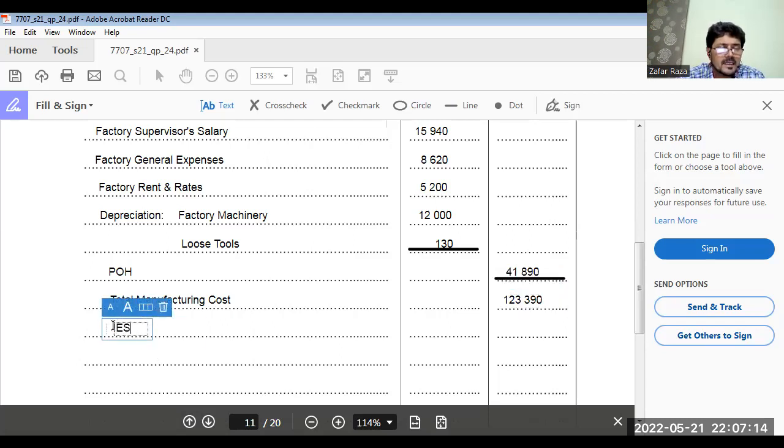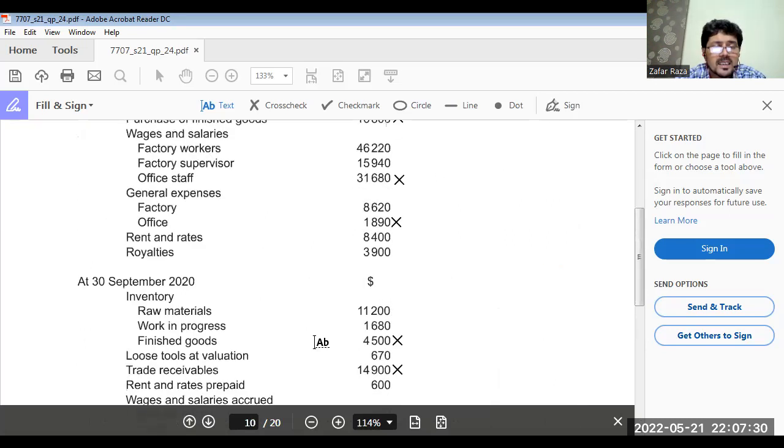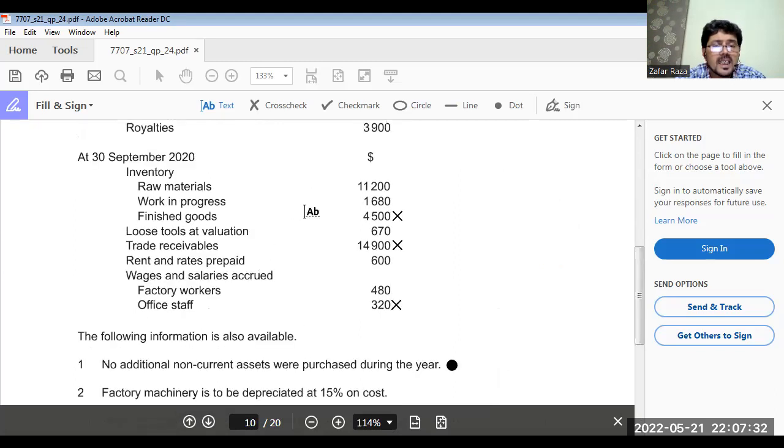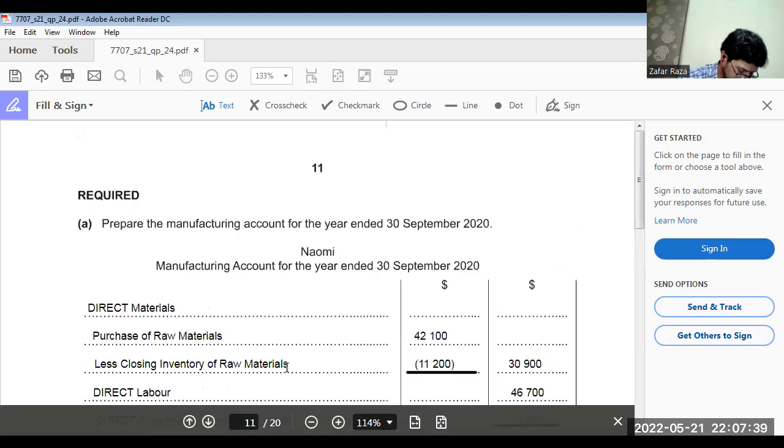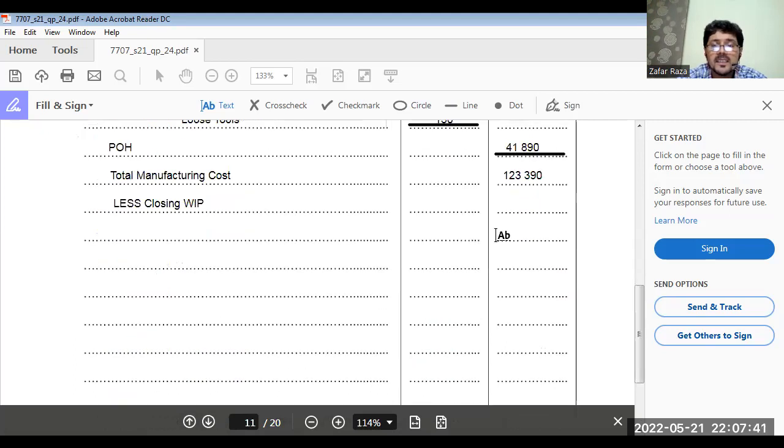What we have to do? Less closing work in process. The closing work in process is given in the question. How much? 1,680.